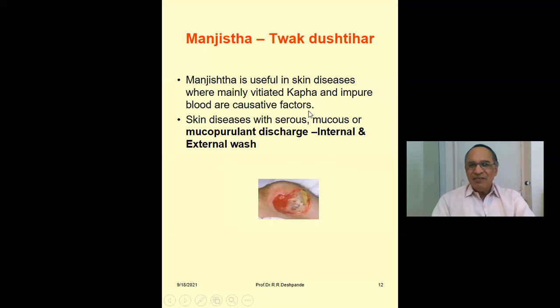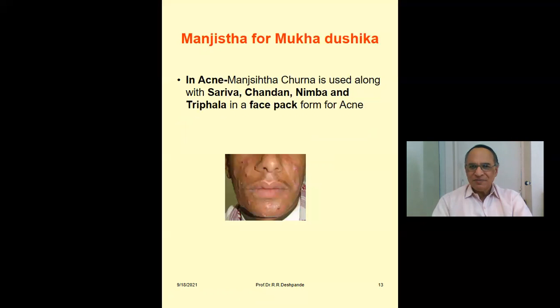In skin diseases with serous, mucus or mucopurulent discharge, you can take Manjistha internally as well as externally for douche, wash, cleansing and irrigation with Manjistha Siddha Jala. Medicated water, a medicated decoction prepared from Manjistha, will be used for washing of the wounds.